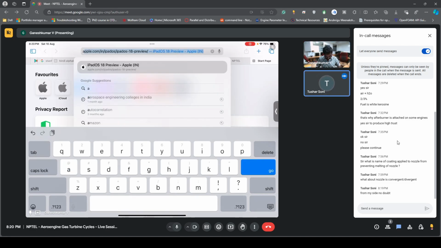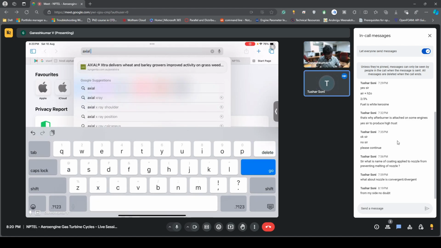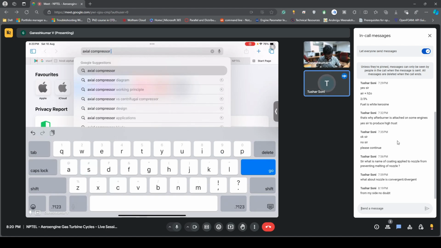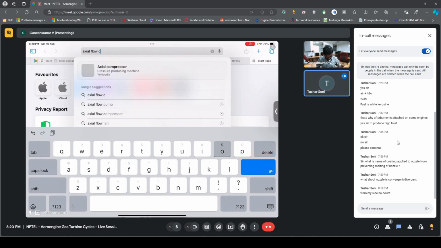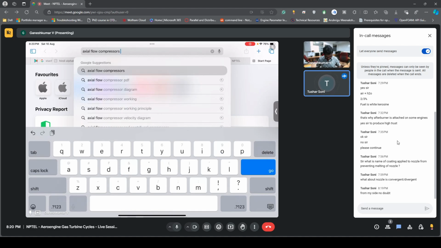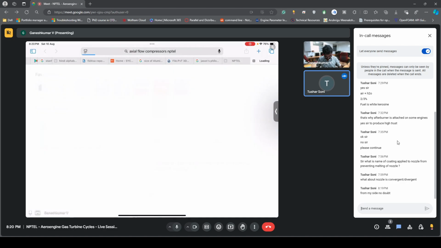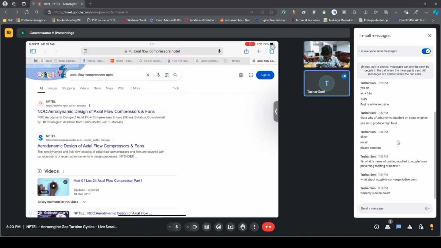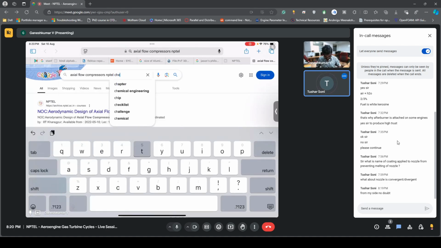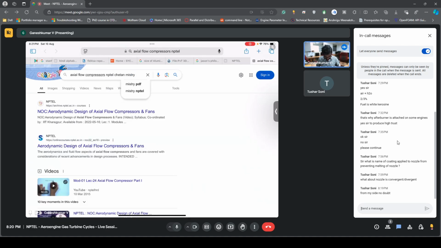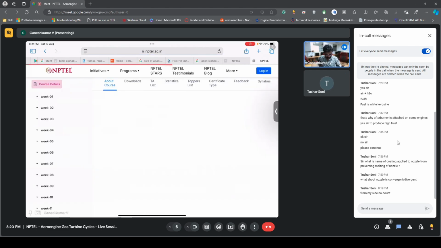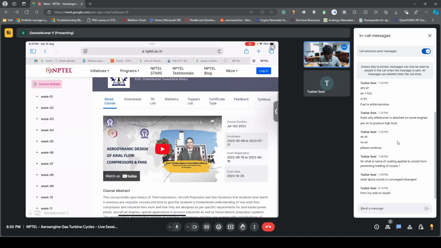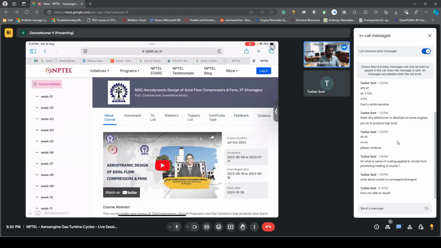Maybe I can show what this is: axial flow compressors, with the same professors. Axial flow compressors and fans. This is also a good course, actually. You can give it a try.